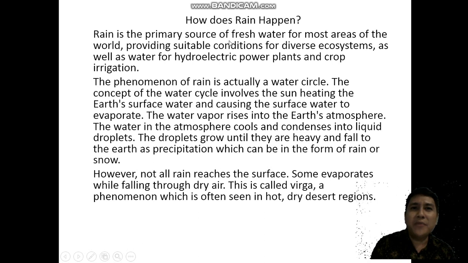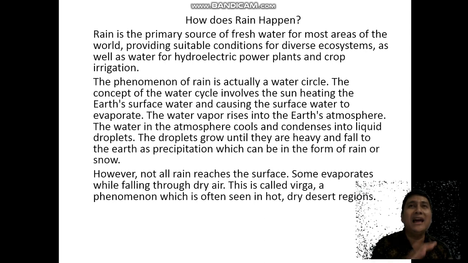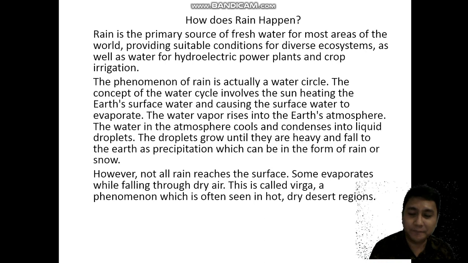Rain is the primary source of fresh water for most areas of the world, providing suitable conditions for diverse ecosystems. So rain is the source of fresh water that is necessary for diverse ecosystems. Can you imagine that when there is no rain, people will die. All the creatures living on this earth will die.